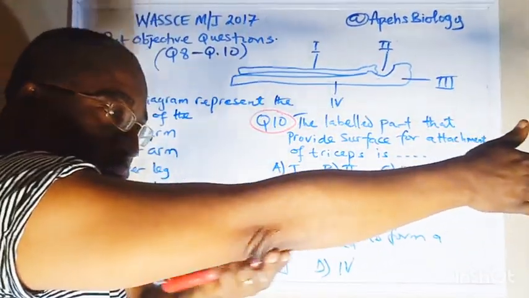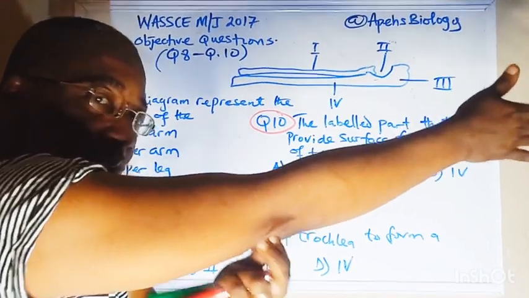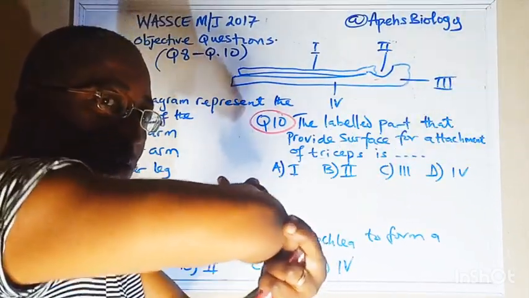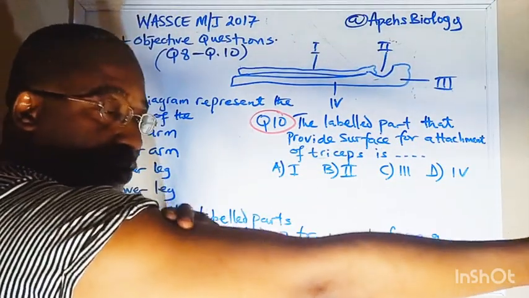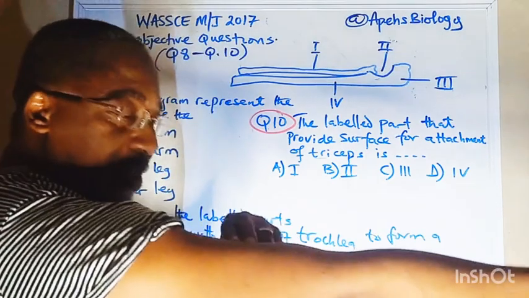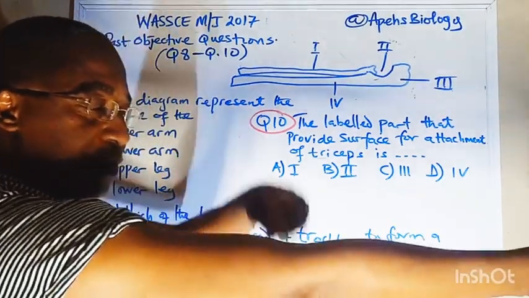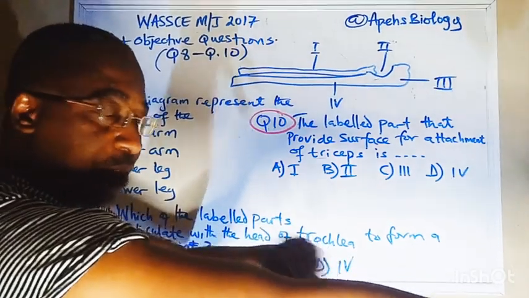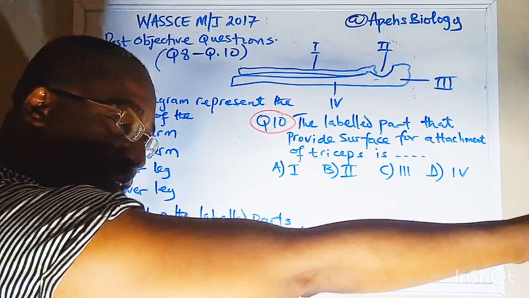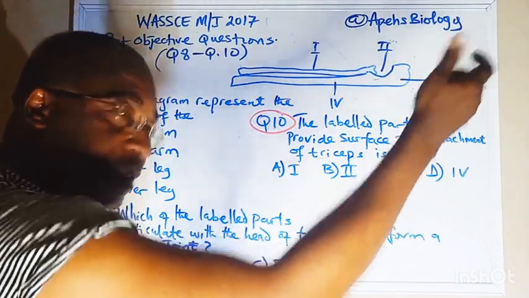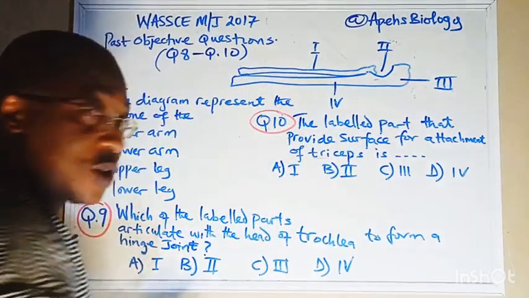The lower one here is called the ulna. It has a point here called the Olecranon. That's the elbow point. Then we have the upper arm bone called the humerus. Take note, the bicep is usually attached to the radius part, while the tricep is usually attached to the Olecranon end of the ulna. Let's use this knowledge to answer this question now.